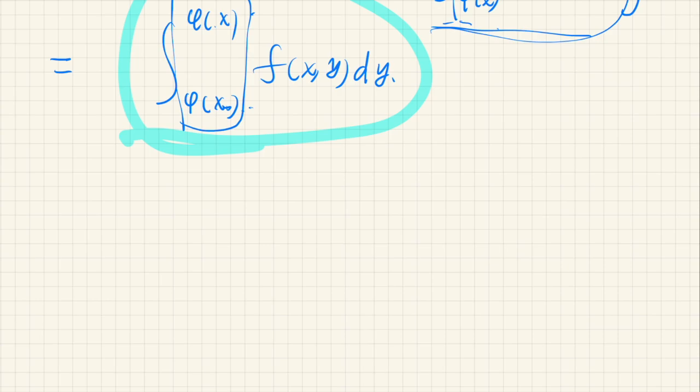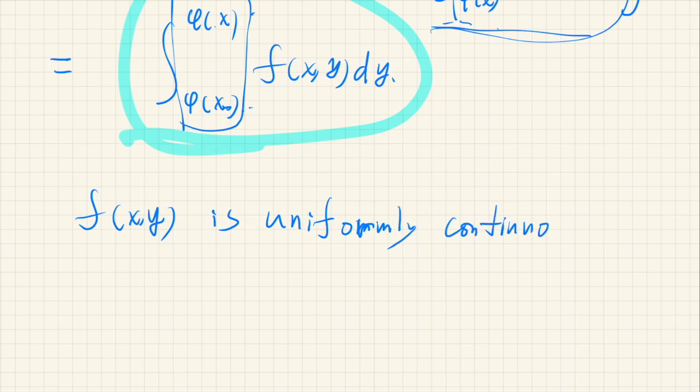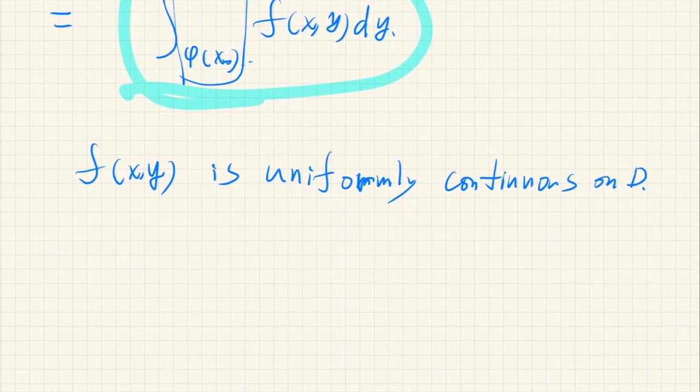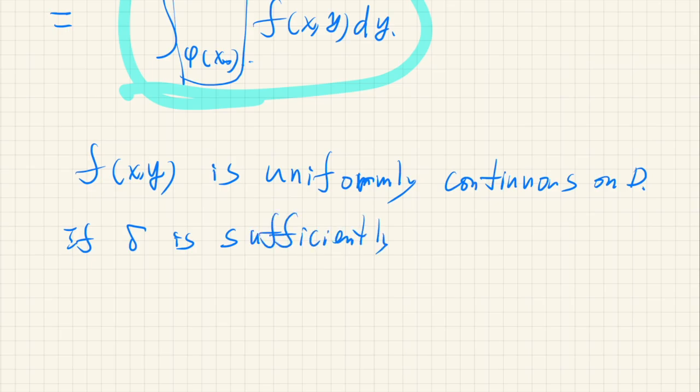Okay, so that means our function f of x, y is uniformly continuous on D. Therefore, if delta is sufficiently small, then we have the following.